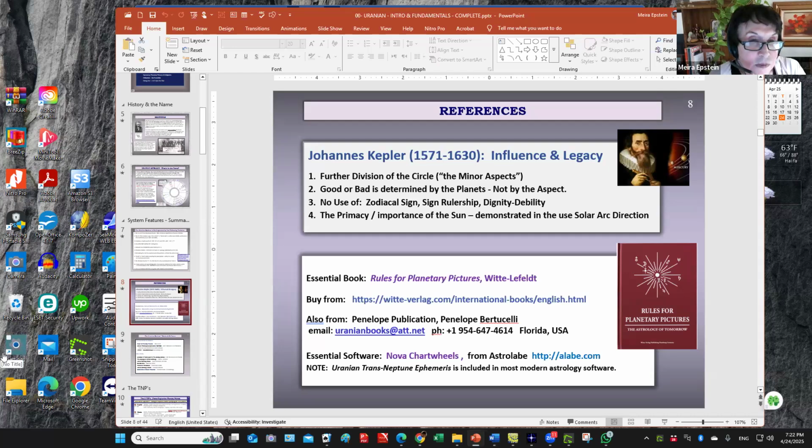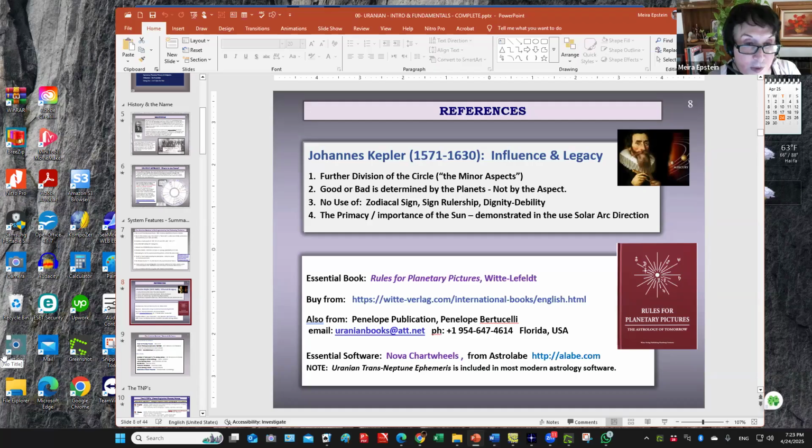By way of background, this is still historical background. This person is Johannes Kepler. What's interesting, and you probably remember from my classes or from other sources, is that Johannes Kepler figured out the orbits of the planets.